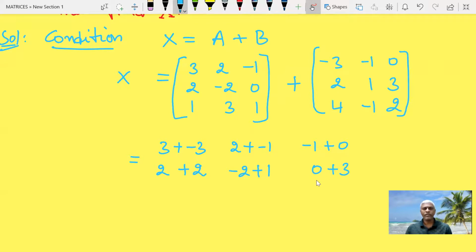So adding corresponding elements, 1 plus 4, 3 minus 1, 1, 2.